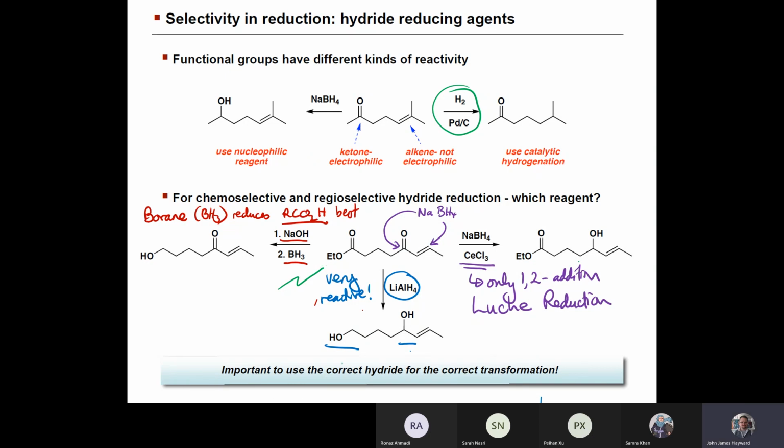Arrow is down here, in order to get through to this compound. Oops, one too many. My apologies. And in order to do that, we can use Stryker's reagent.